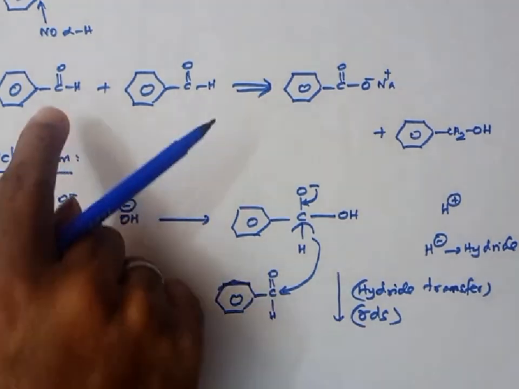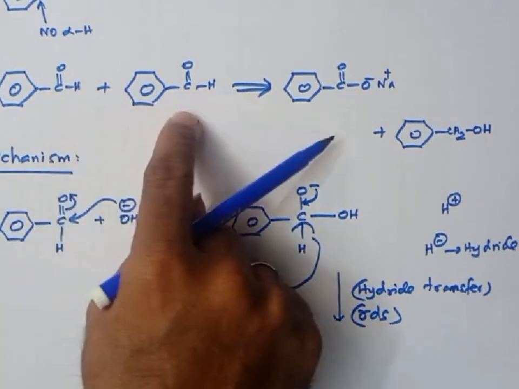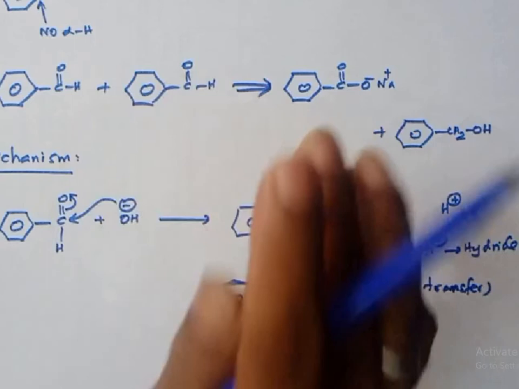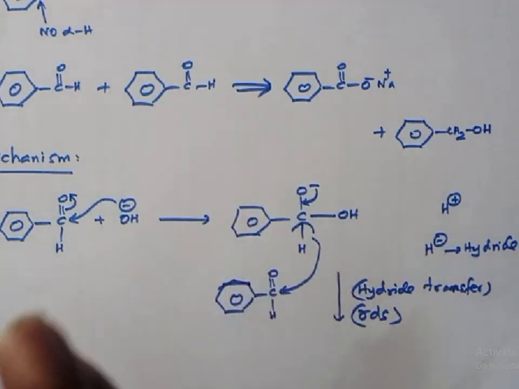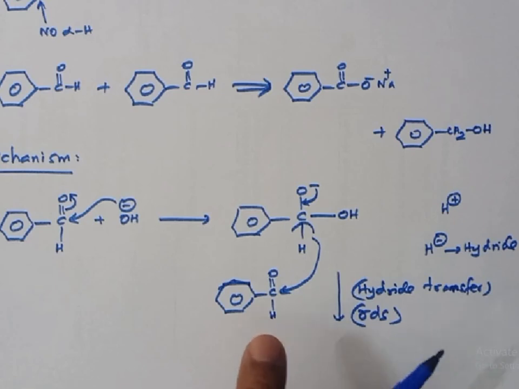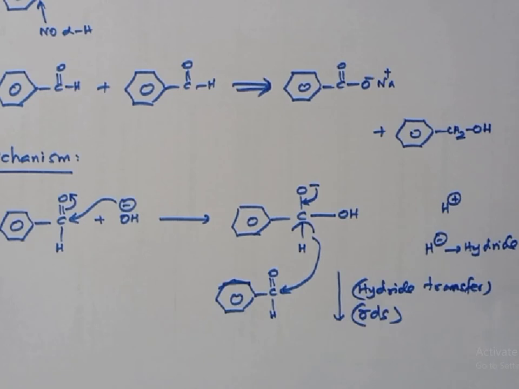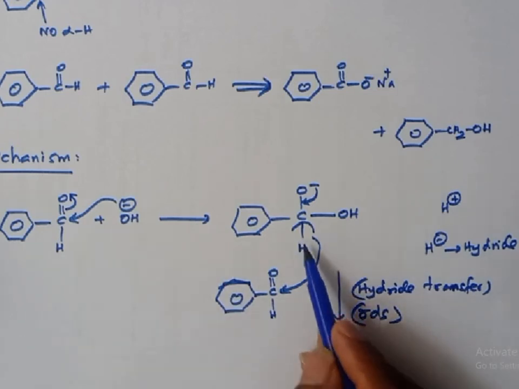But in this case it is a simple Cannizzaro reaction, so both aldehydes are the same. But if two different aldehydes are given, you should choose the one that is highly reactive. We'll discuss that as we go along. So here hydride transfer takes place.